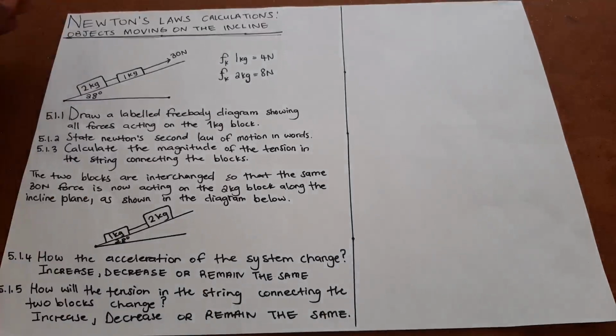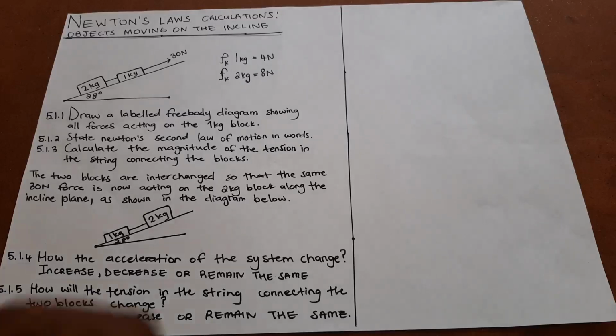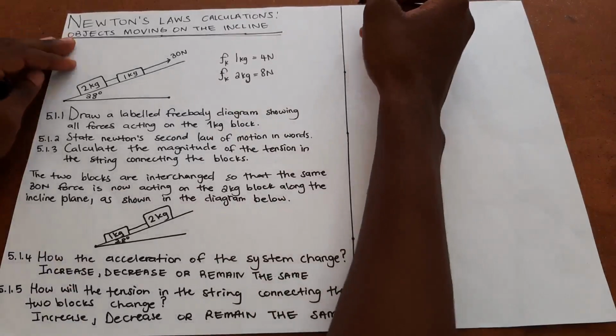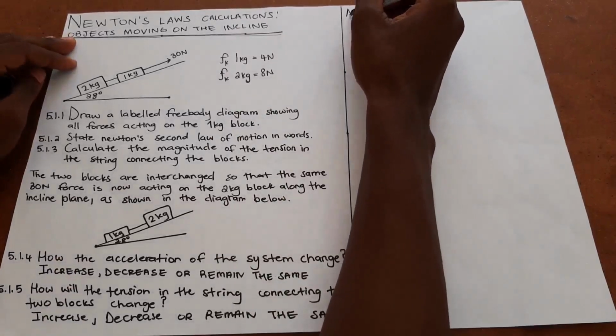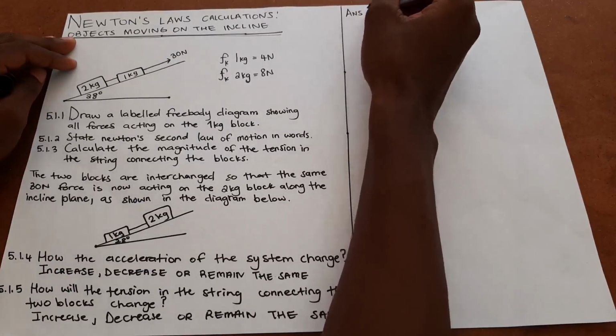The very first question says draw a labeled free body diagram of the forces acting on the 1 kg block. So let's go to our answers. Let me write the answers here.